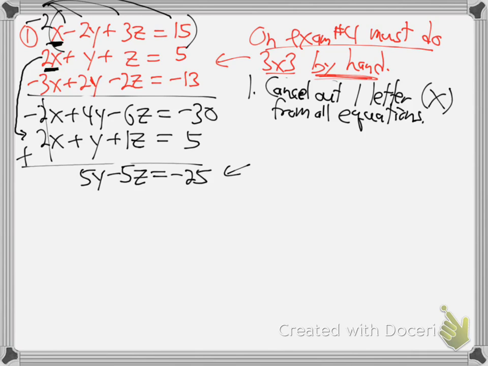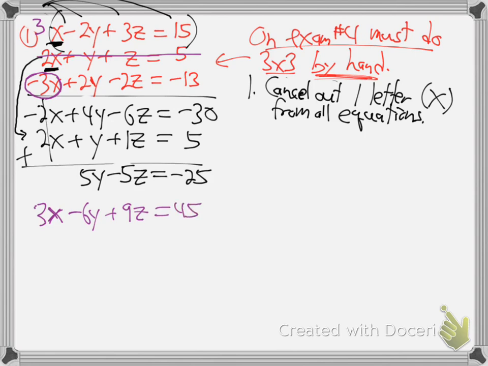Now, so I got rid of x from this equation, didn't I? By making this minus 2x. Now, I'm going to go back and get rid of x from this guy. How am I going to get rid of that minus 3x? I'm going to multiply by plus 3, the top equation. So now the top equation becomes, so you can reuse the top equation a different way now, 3x, whoops, let me get this straight here, minus 6y plus 9z is 45.